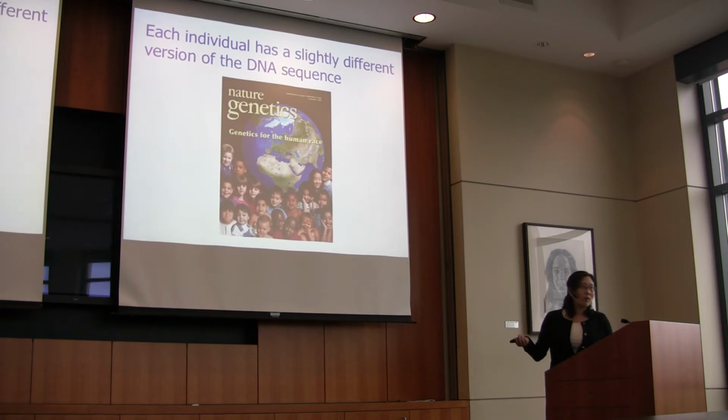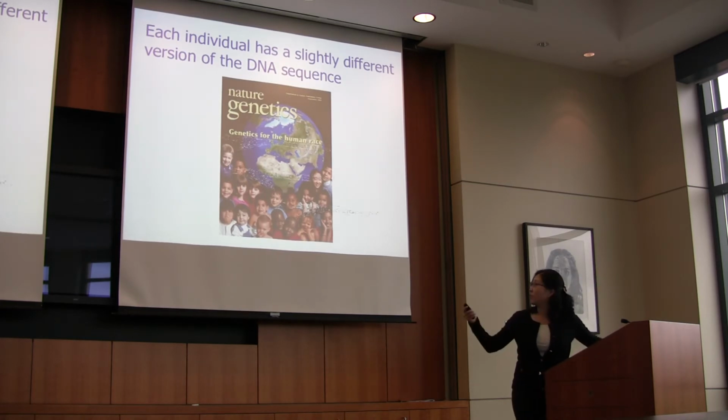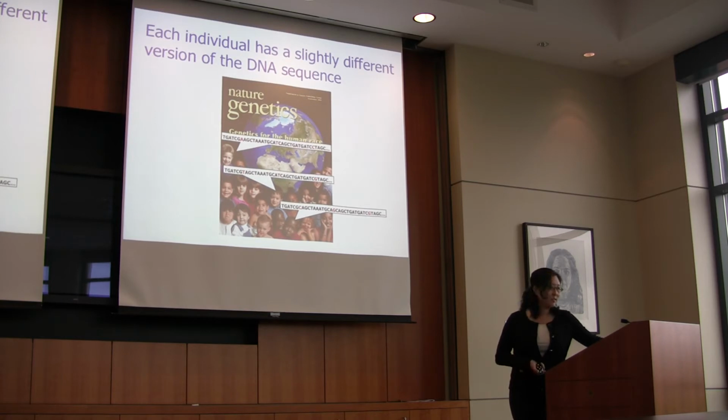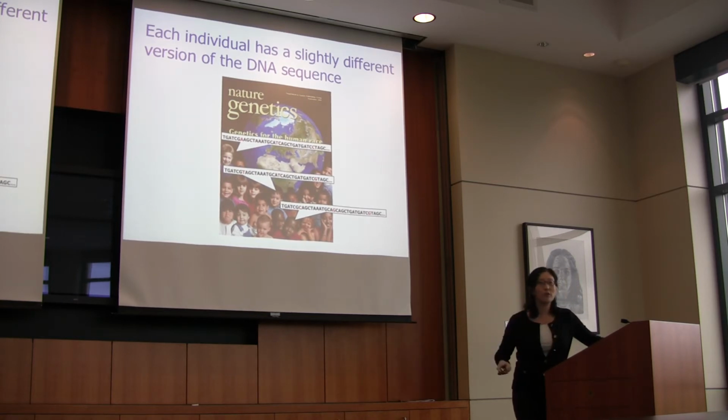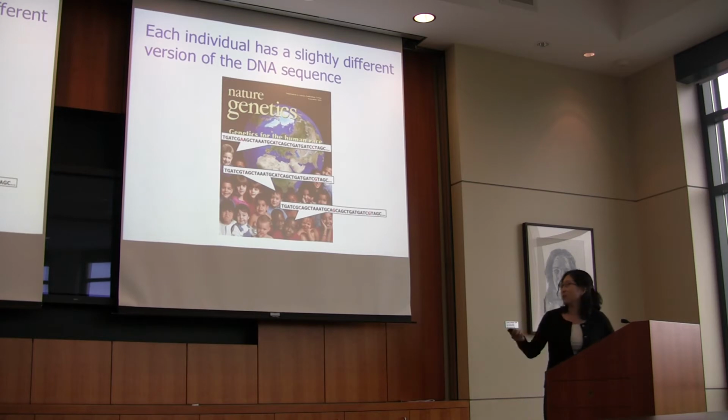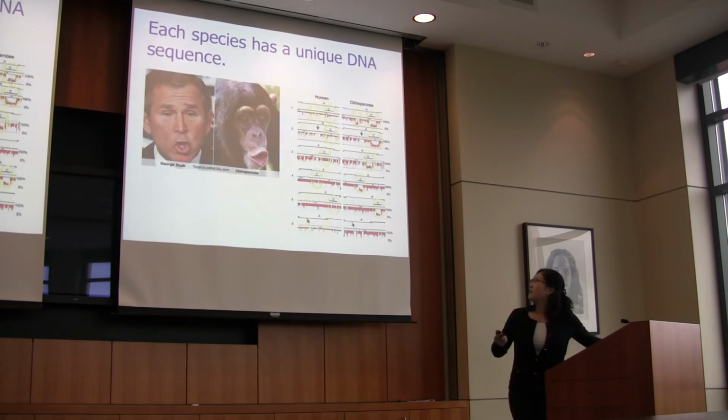A little bit more about DNA. Each individual has a slightly different version of the DNA sequence. That's one of the reasons that individuals are so different in many biological traits, such as appearance, of course, and susceptibility to various diseases. Each species also has a unique DNA sequence.